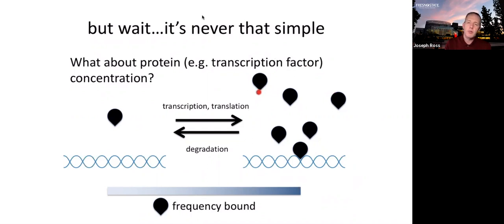With more transcription factor present in the cell, it's more likely by chance that one of those protein molecules has actually found and bound to the DNA sequence it recognizes and turned on transcription.